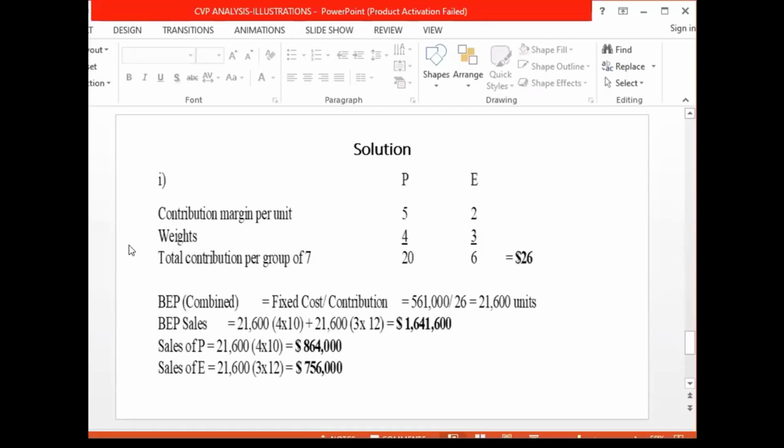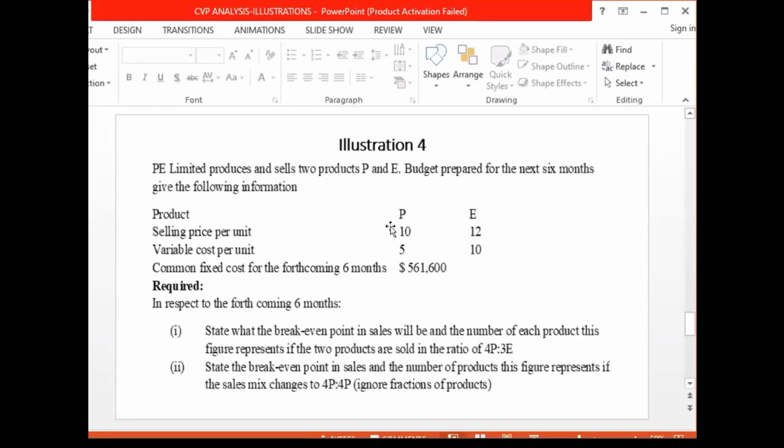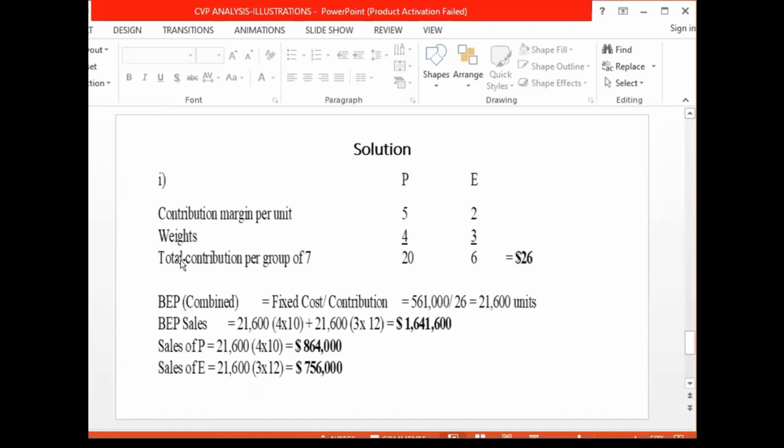So you need to determine the contribution margin per unit, which is the selling price minus the variable cost. Then you need to get the weights, which you've been told is 3 to 2. So our total contribution per group of 7 is this plus that. You multiply this, you get 20, get 6, so total is 26.